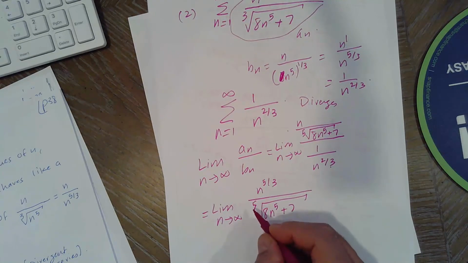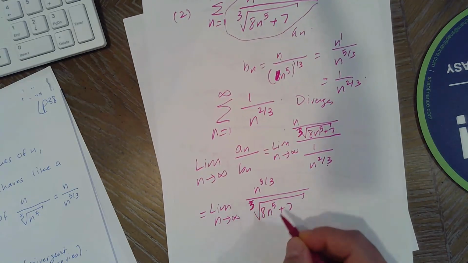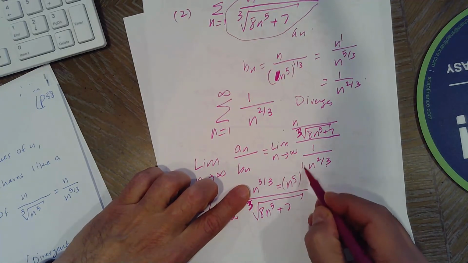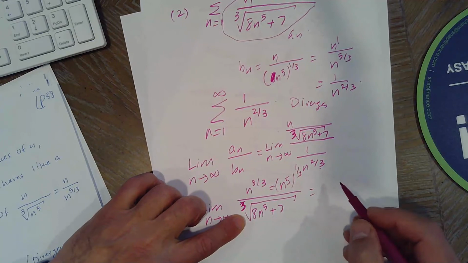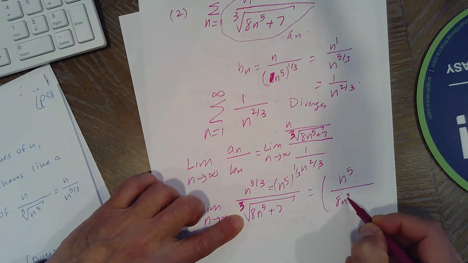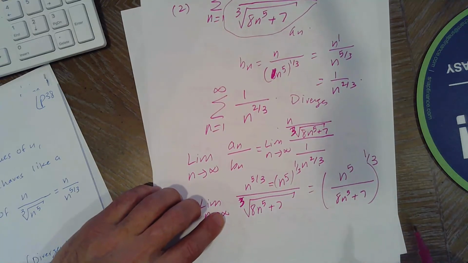So that's the cube root. We can write this as n to the 5 over 8n to the 5 plus 7, all of it to the 1/3, just to make things a little bit more doable.